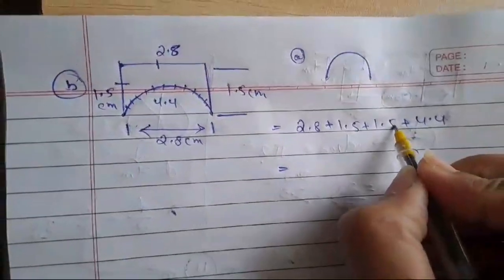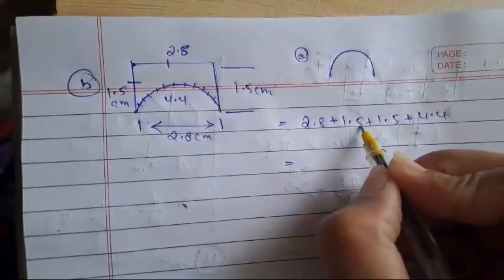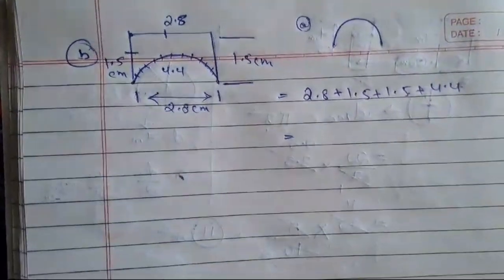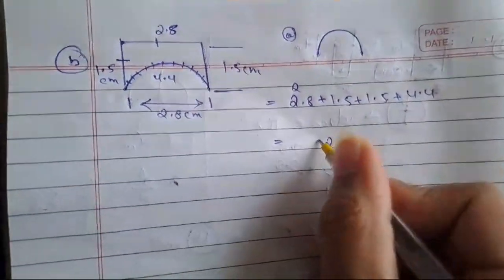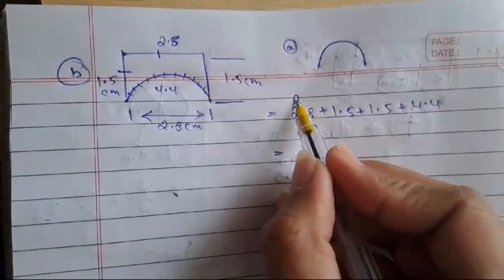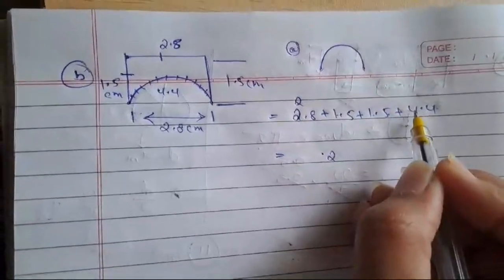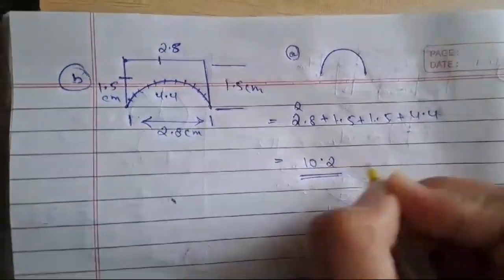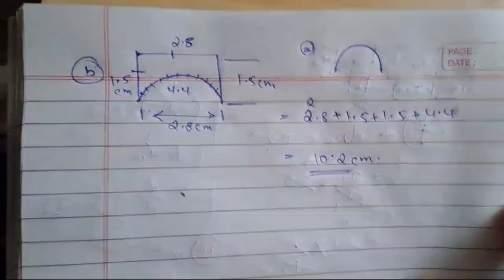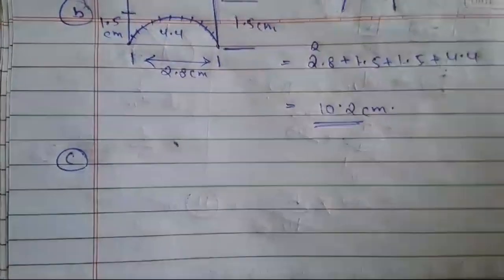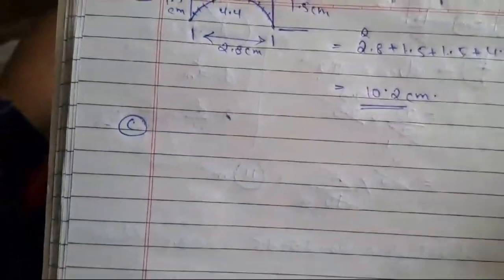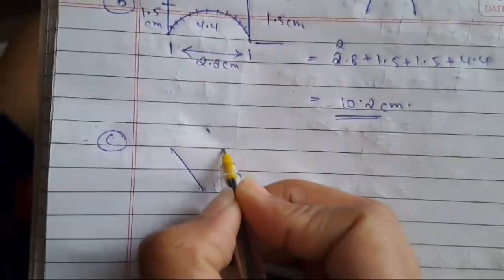So 4 plus 5, 9. 9, 14, 14, and 14 plus 8 is going to be 22. So 2 will come here, point. Okay, 2, 4, 5, 6, 10. 10.2 centimeters will be the distance that it is going to travel. Okay, then going to the next shape again. The next shape is given to me as a cone shape. Okay, this is the shape.